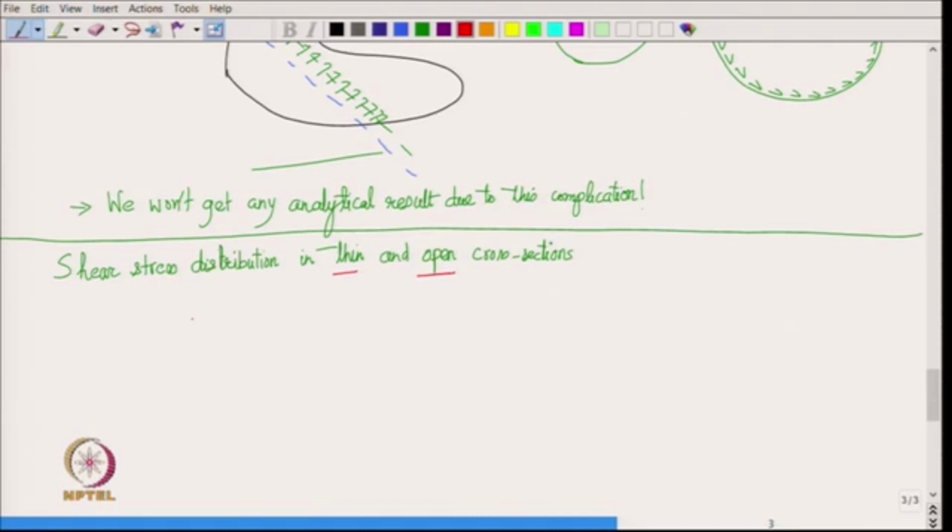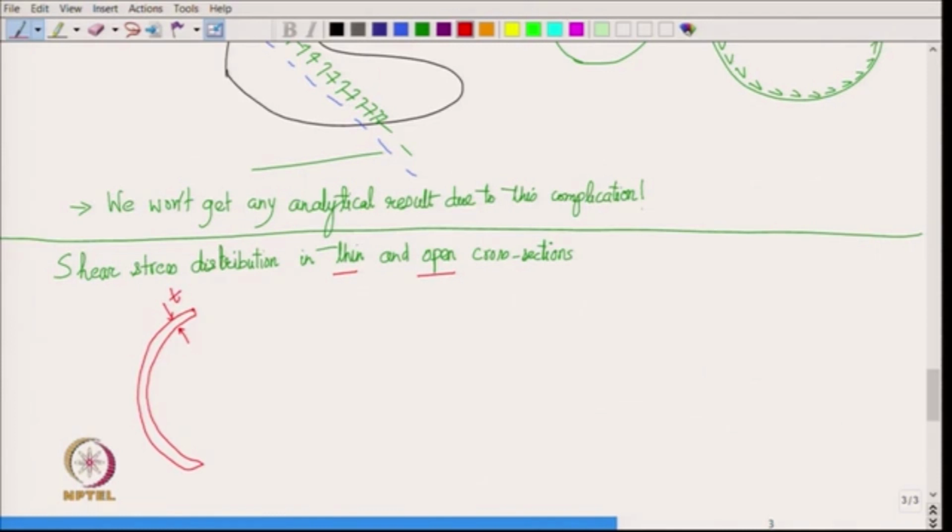So, if we have a cross section like this, so it is not a beam, it is the cross section of the beam. So, the thickness of the beam is really small. So, this thickness t is very small. So, therefore, it is called thin cross section.